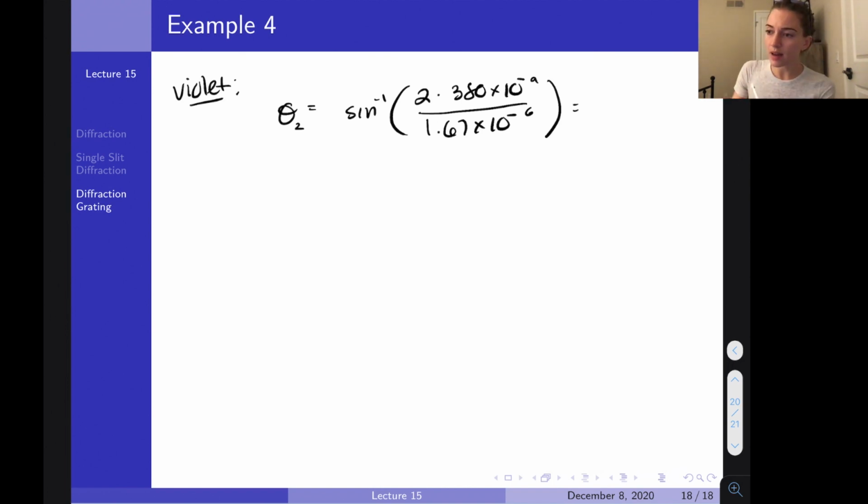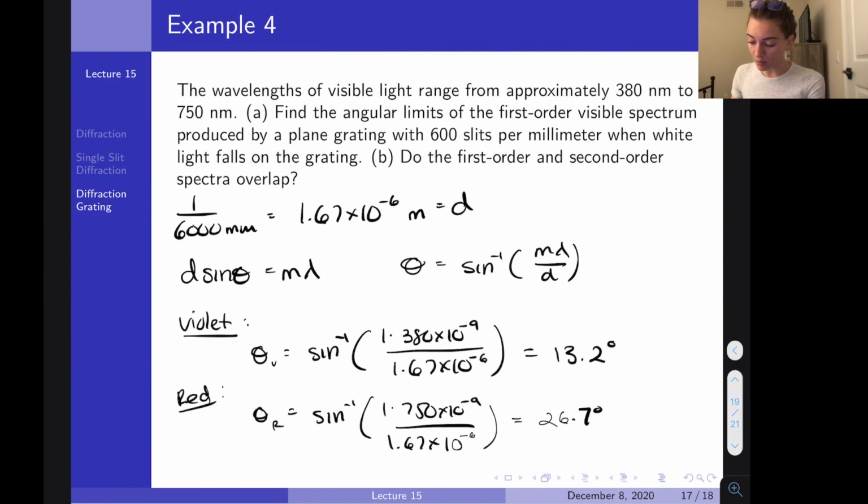This comes out to 27.1. We can see that this is bigger than the end point of the first bright spot on the red side, so the first and second orders are not going to overlap.